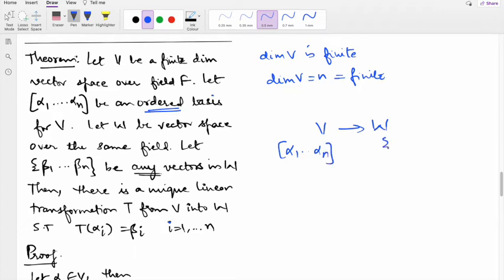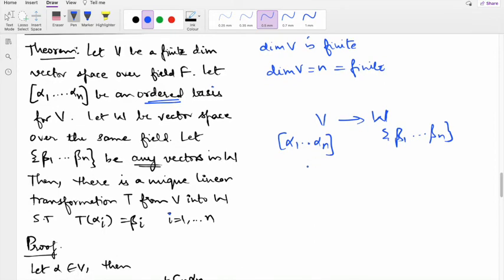Here also I can use beta 1 to beta n, some vectors in W. If I want to map these alphas to betas, there is a unique transformation that will allow me to do it. So this is the idea: going from one vector space to another vector space, how do you construct such transformations? That is what we're currently looking at, and we'll see how to prove this.